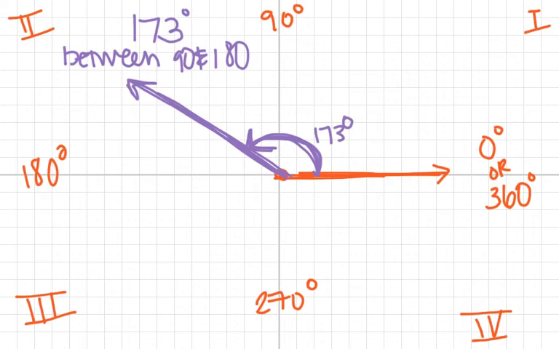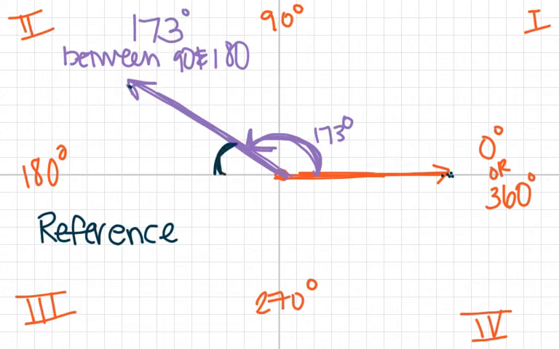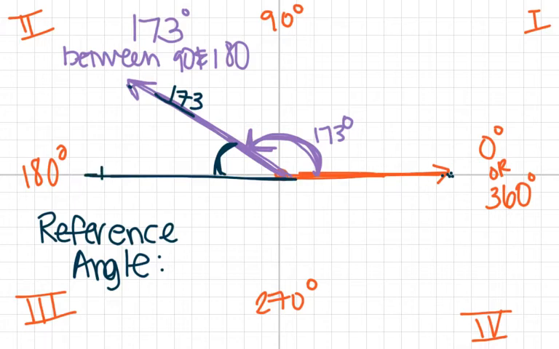All right. So now if we're talking about the reference angle, we have to think, well, which side of the x-axis? We're not going to connect it to this side because the angle falls in quadrant 2. So we're going to look for the space here. This will be our reference angle. All right? And how do we figure out that? So if this is 173, and this space here is 180 as it's labeled here, we can subtract.